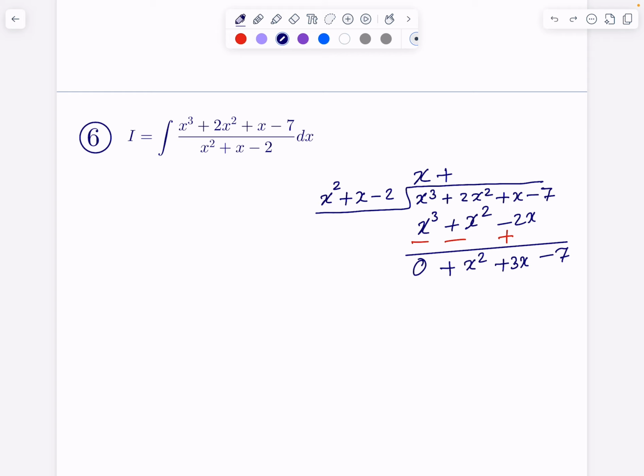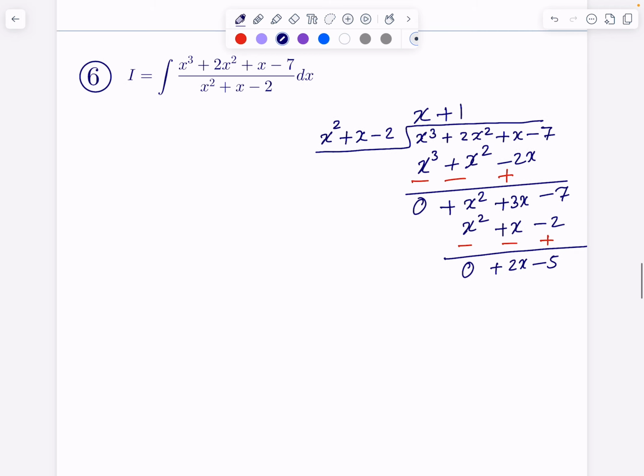Therefore, 1 times x squared is just going to be x squared. So we have to pick 1. 1 times x is x. 1 times minus 2 is minus 2. We're going to change the signs, minus, minus, plus, and draw a line. And x squared minus x squared is 0. 3x minus x is 2x. And then minus 7 plus 2 is minus 5.